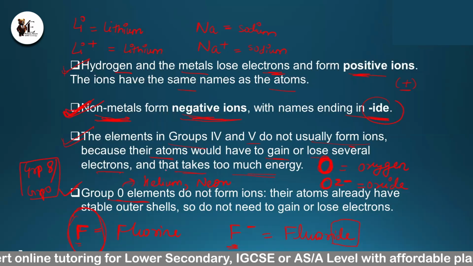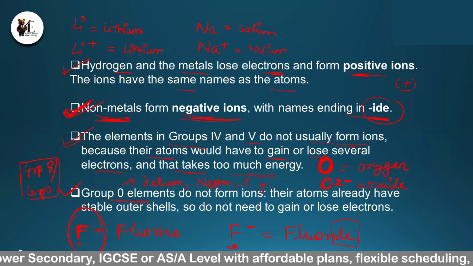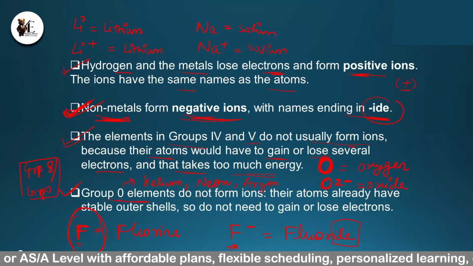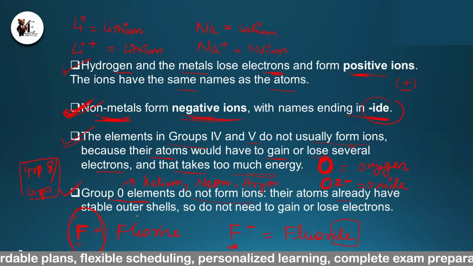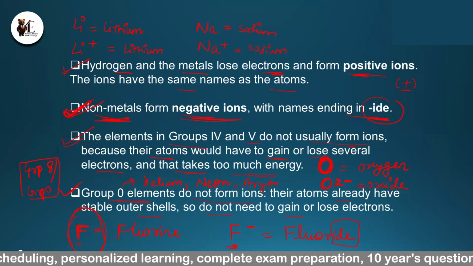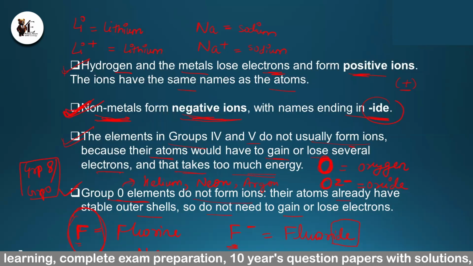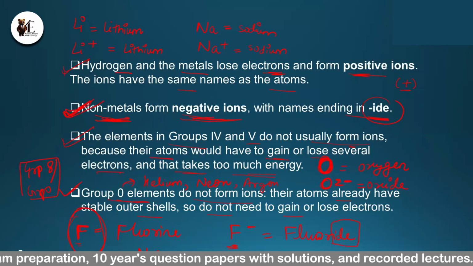Helium, neon, argon are already stable. They have 8 electrons in their outermost shell already. So they do not form ions because their atoms already have a stable outer shell. So why do they need to gain or lose electrons? Let us see an example of neon. Tell me the atomic number of neon. 10.